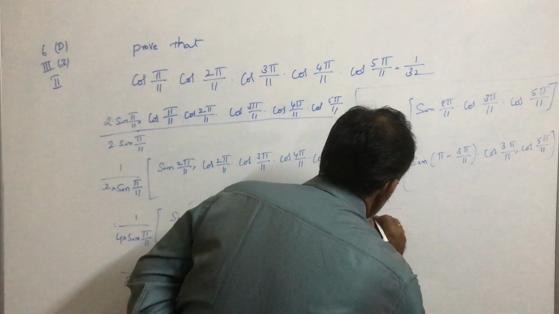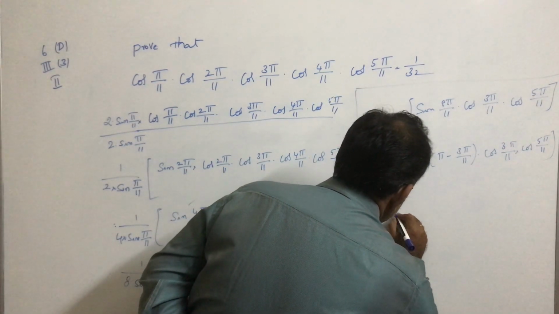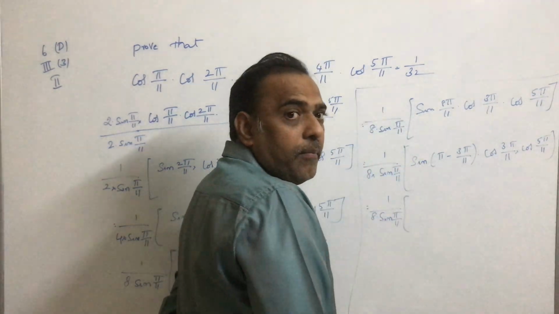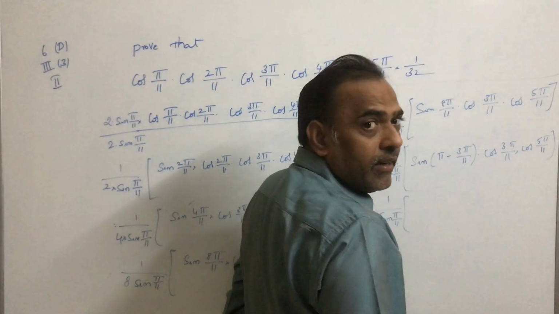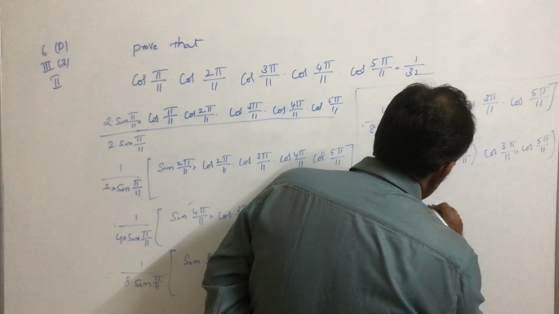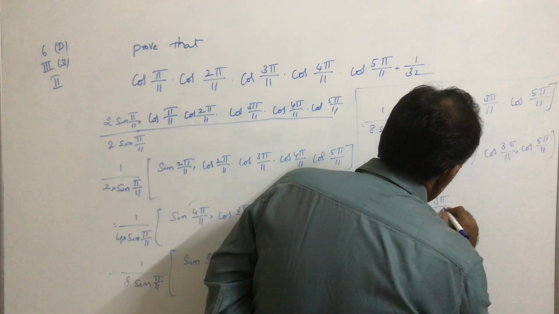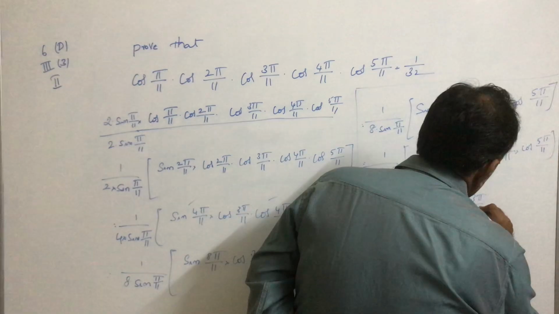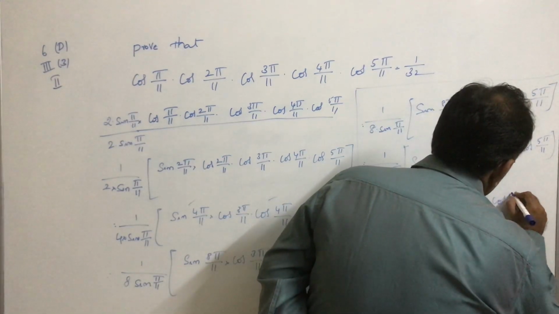This is sine of 180 minus theta equal to sine theta. So this can be written as sine 3 pi by 11 into cos 3 pi by 11 into cos 5 pi by 11.